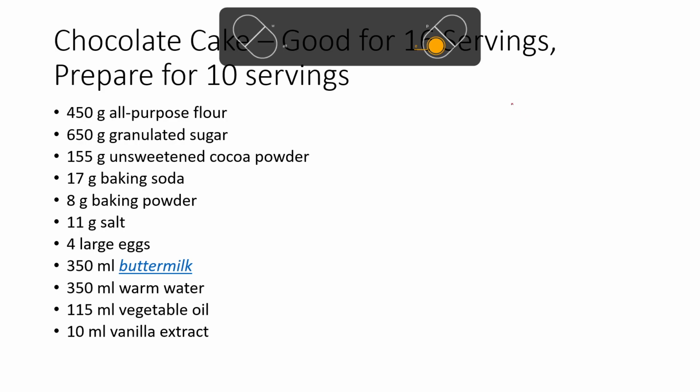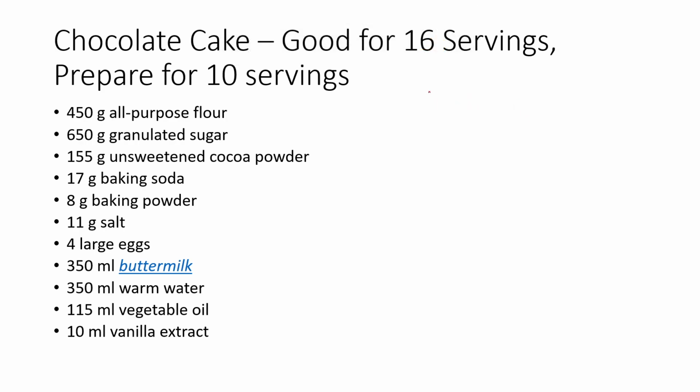In getting the other way, we have our factor. You need to get your factor. To get the factor, the formula is what is desired over what is available. Usually what is available is in the recipe. So our factor is, what do we desire?